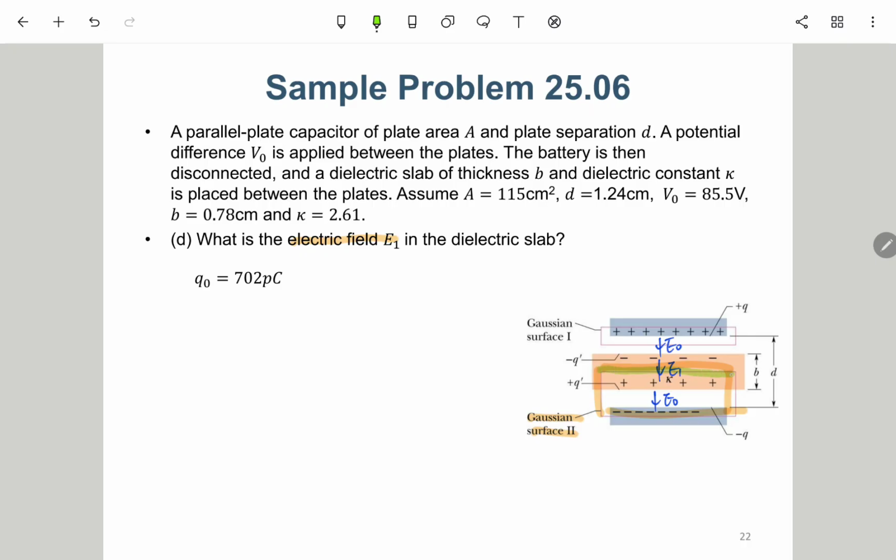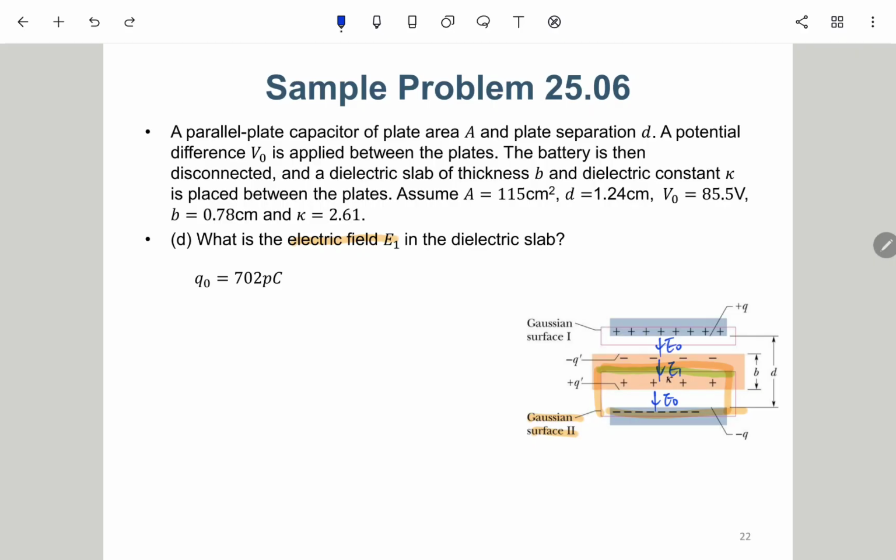Only this green surface contributes to the surface integral. This one is perpendicular, inside the conductor, so it will be 0.